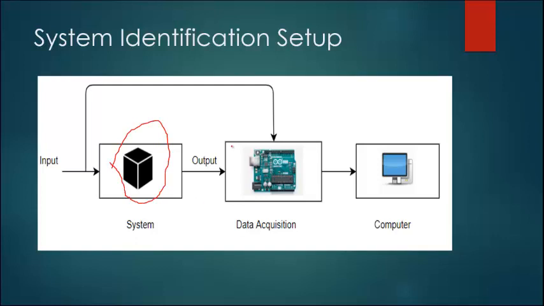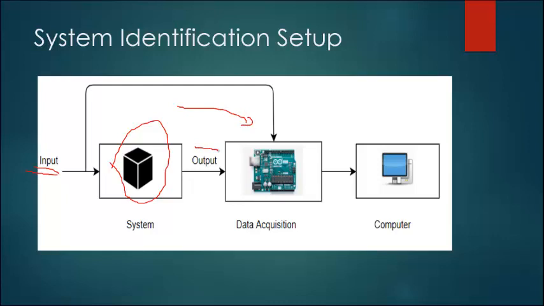So what we do is we set up our system identification as shown in this slide. We take several inputs, we give them to our system and record the output simultaneously while recording the input.